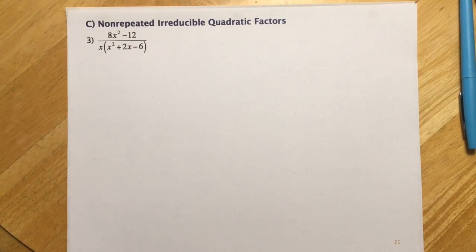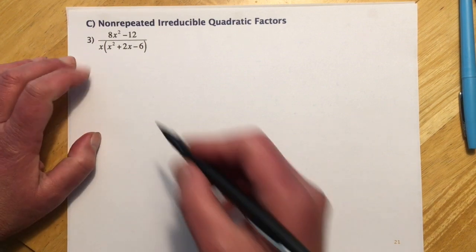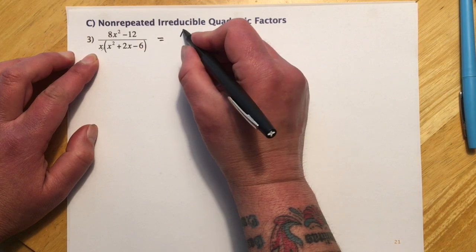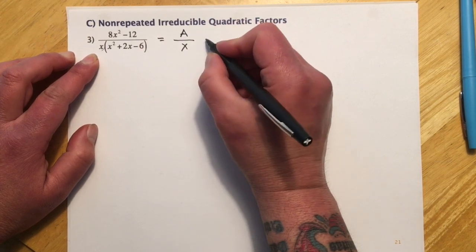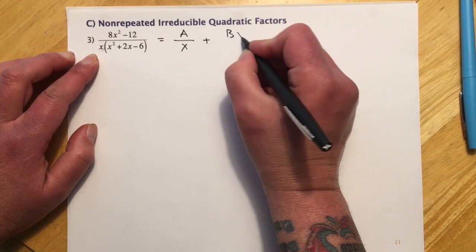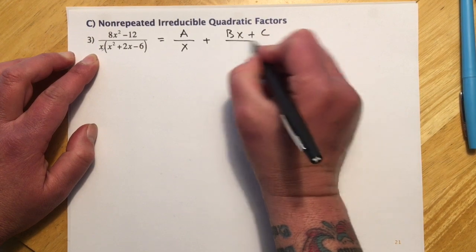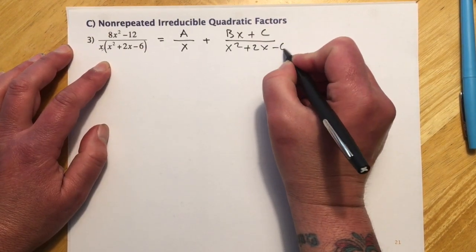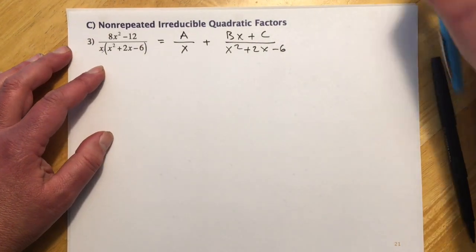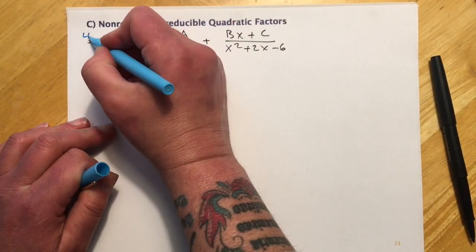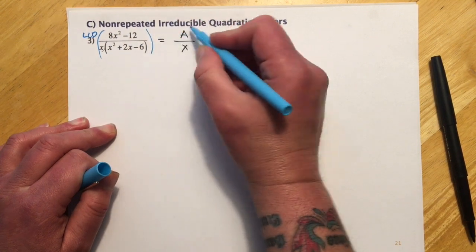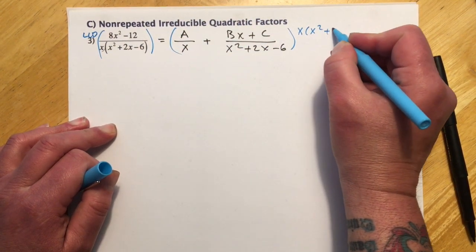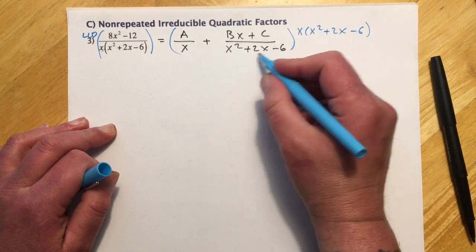Okay, so then this one is a non-repeating irreducible quadratic, and it also has a linear term there too. So this is going to be a over x, and then plus bx plus c over the quadratic piece. And then I'll do the bit with the LCD to clear the fractions. So I'll just do here, and then this is x squared plus 2x minus 6.